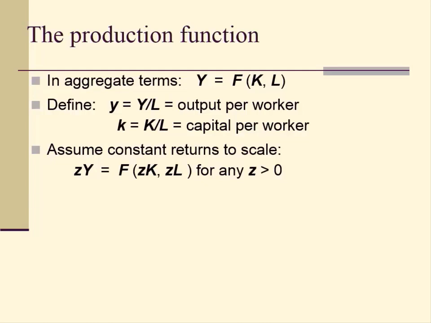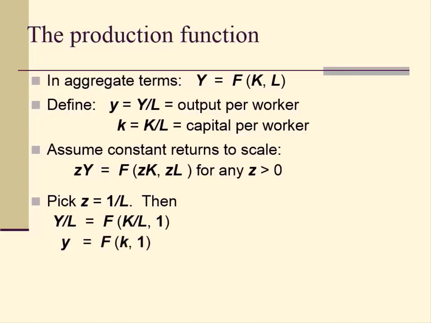And the neat trick is you can pick z equals 1 over L, then you can express this function as Y over L equals F of K over L and L over L, which is equal to 1. And you can define lowercase y being equal to f of lowercase k and 1.